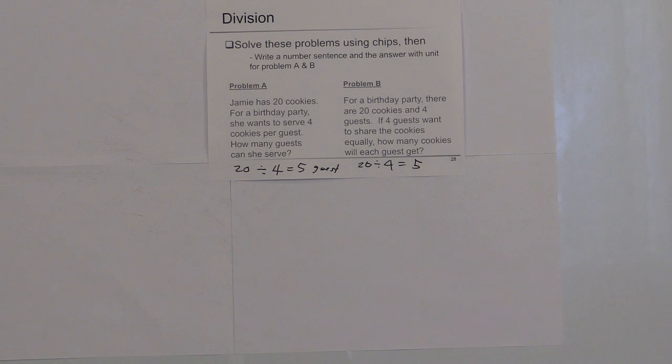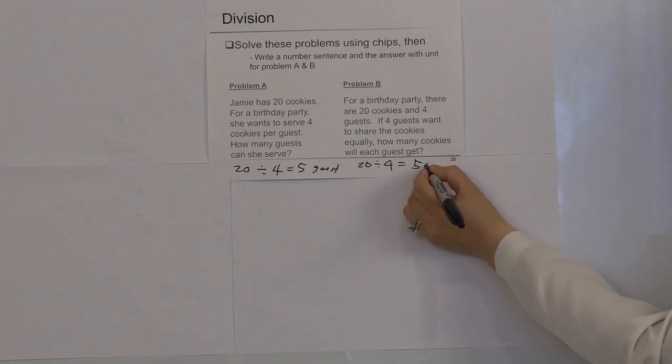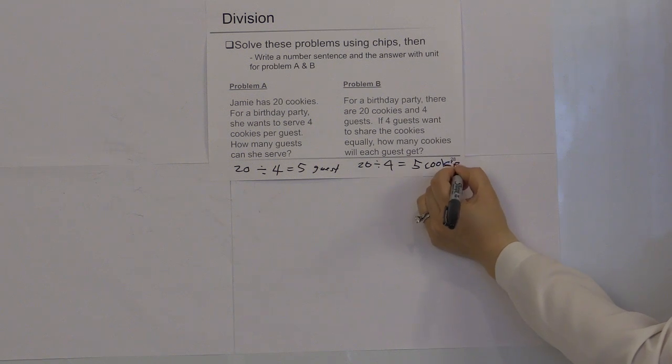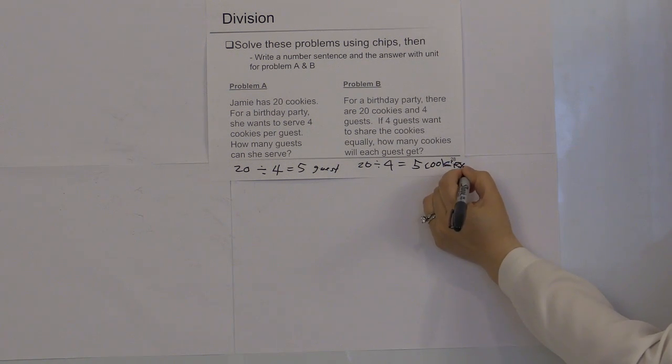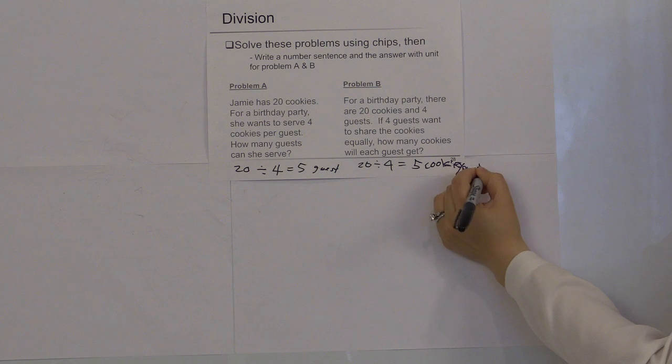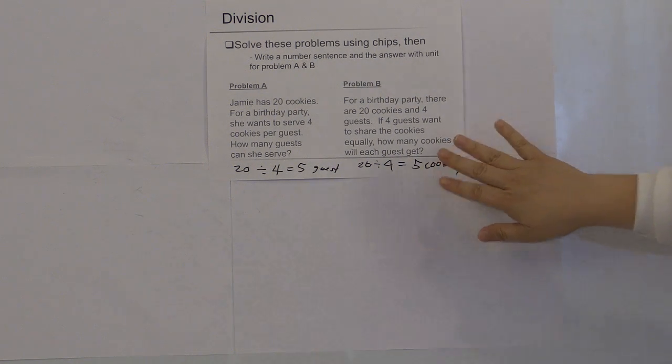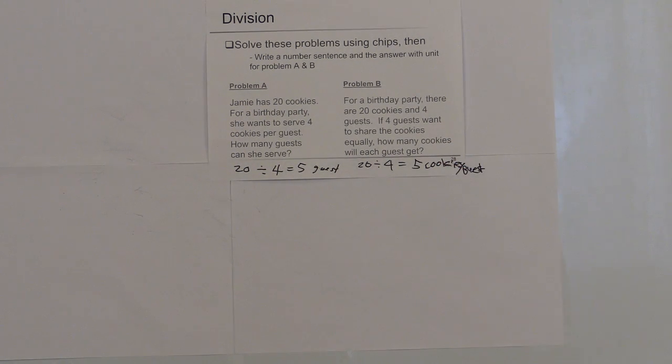How many cookies per guest? So the answer unit is 5 cookies per guest. Do you see that if we have only number sentences here, they're exactly the same? 20 divided by 4 equals 5. So just as written expressions, there's no difference.